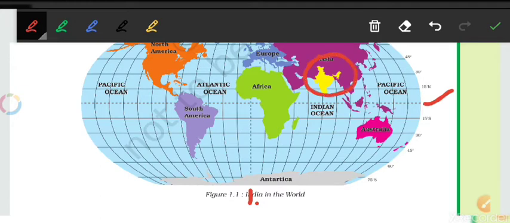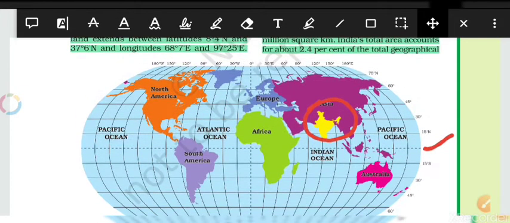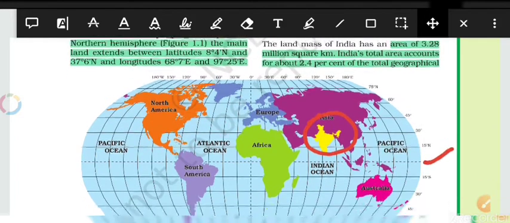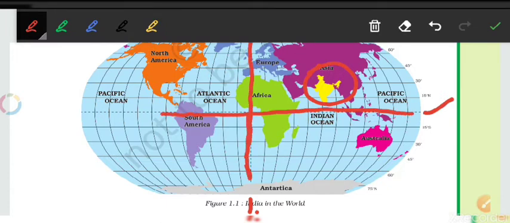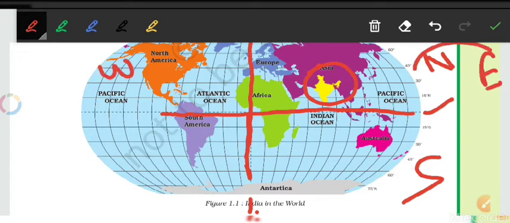From the equator, this part of the globe is north, this is south, this is east, and this is west. So India is completely lying in the northeast side. For better understanding, let's go deeper.